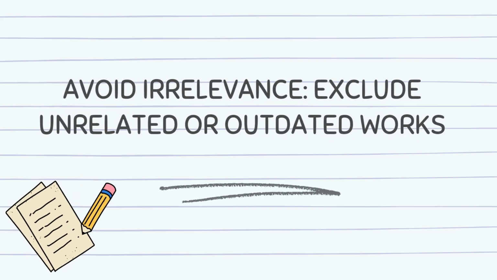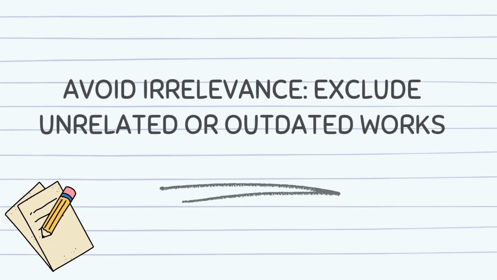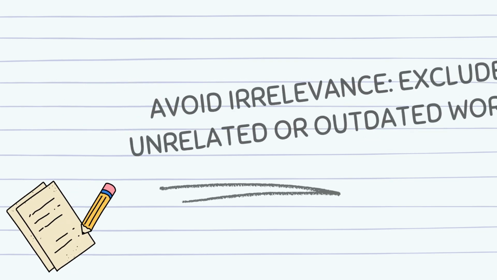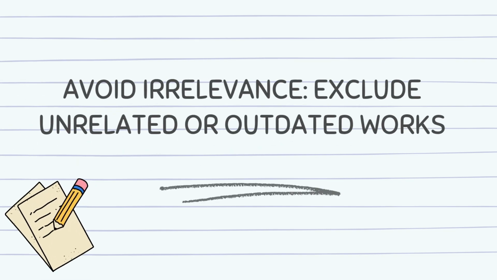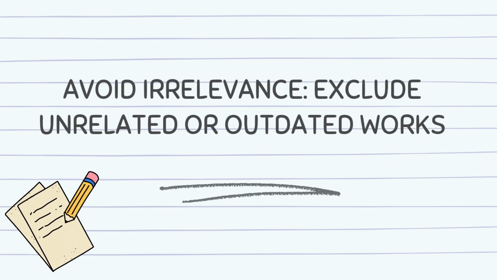Some common criteria include: Inclusion: studies directly related to the research problem. Peer-reviewed journals, books, and credible sources. Research conducted within the last 5 to 10 years, unless foundational theories are needed. Studies that contribute new perspectives, data, or methodologies.